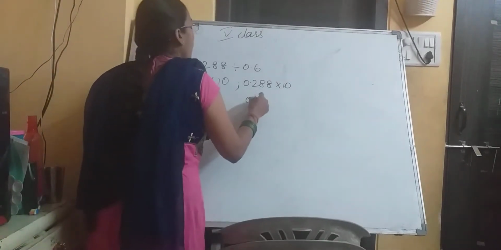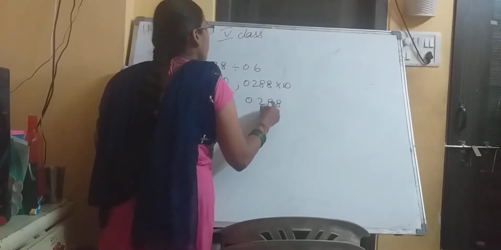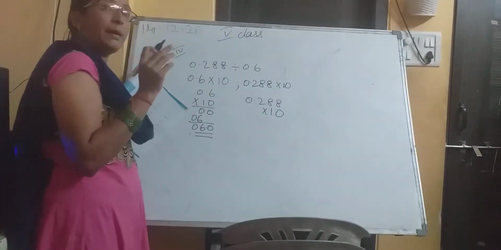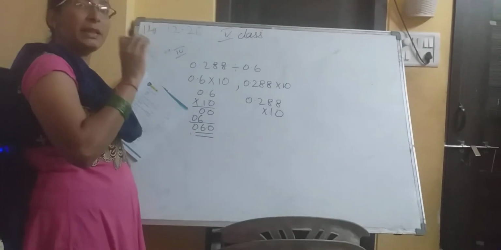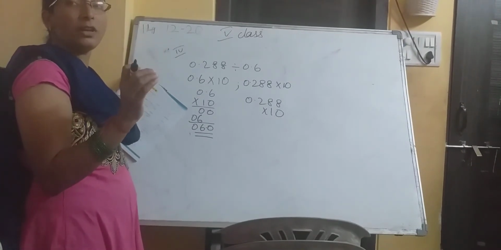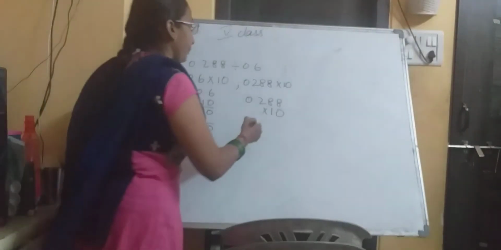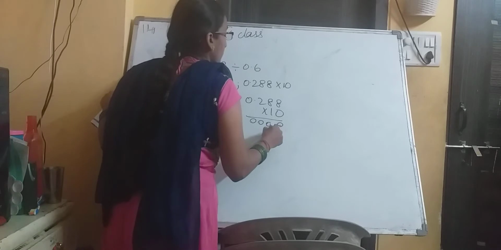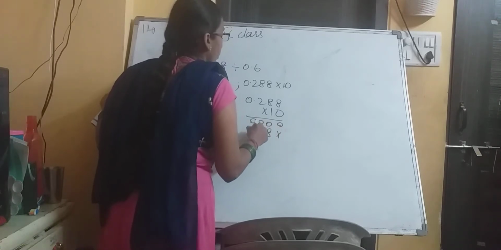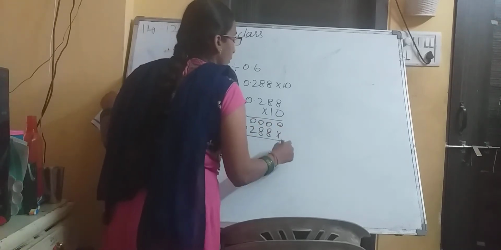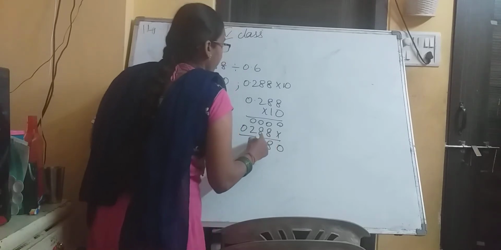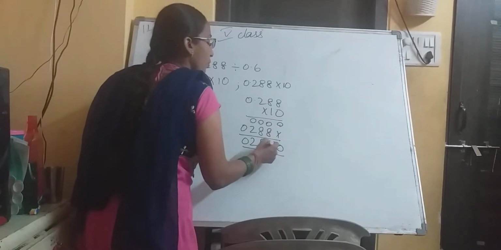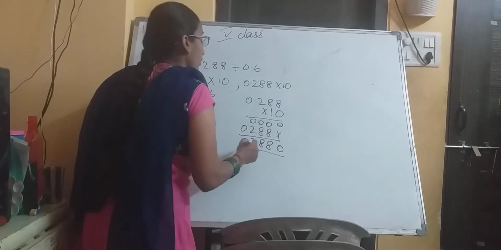Now 0.288 into 10. You only have to look at this number, the number you divide with. Only look at how many digits come after the decimal in that number. Do you understand? 0.288 into 10. Okay. Now how many digits? After the point 3 digits. 1, 2, 3.